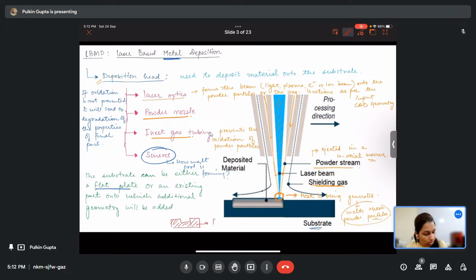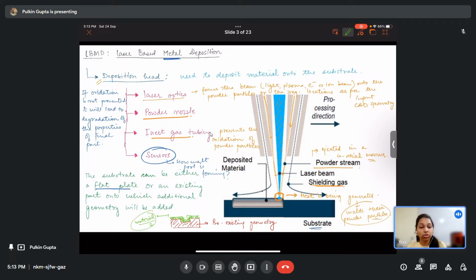This is your pre-existing geometry. So your powder particles can be laid onto this as well. Your material can be deposited onto this geometry as well. So this is your material 2.